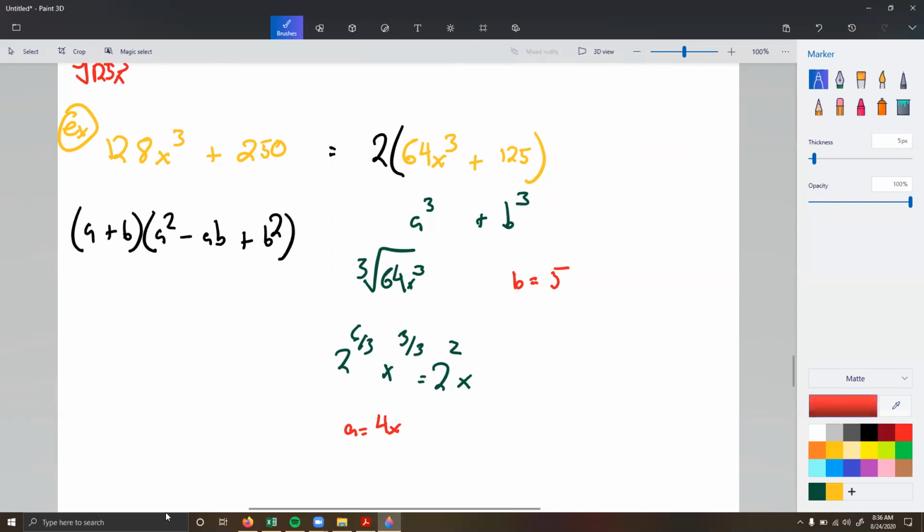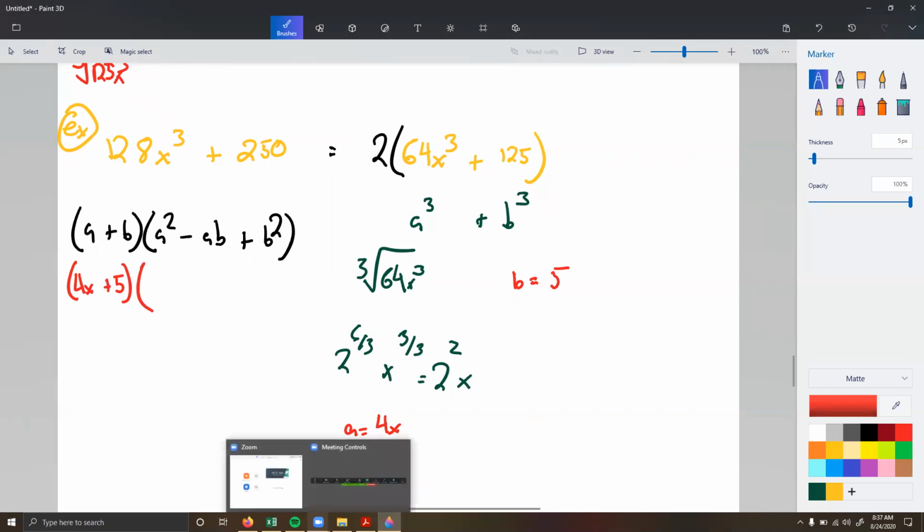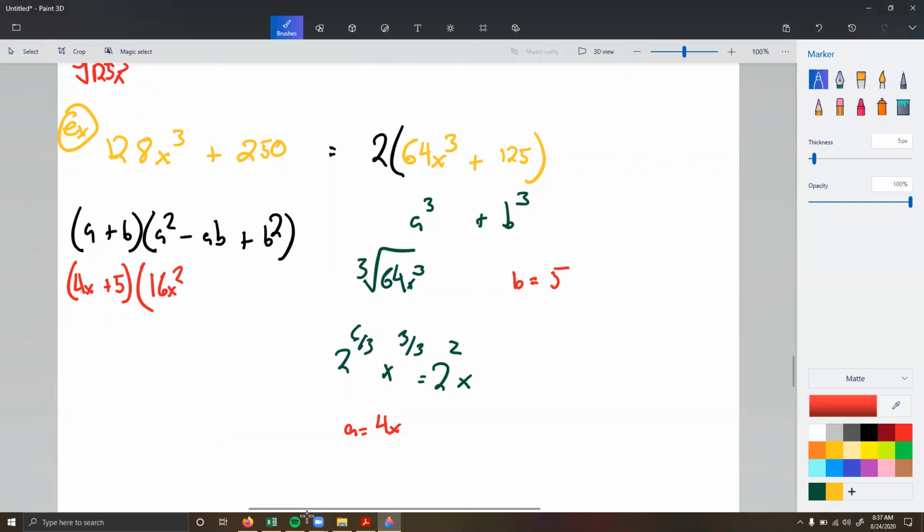Okay, so now we're just going to plug our things in. And when we do that, we're going to get 4x plus 5. 4x squared, square the number, square the x. 4 squared is 16. X squared is x squared. 16x squared minus 4x times 5. Multiply the numbers, we're going to get 20.